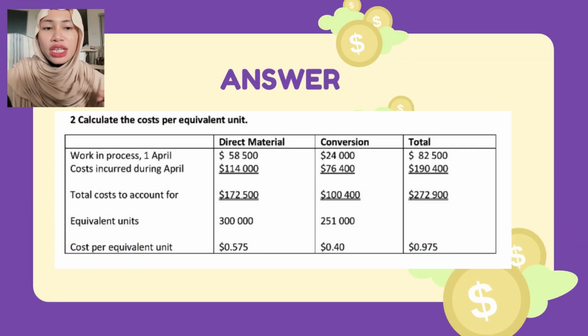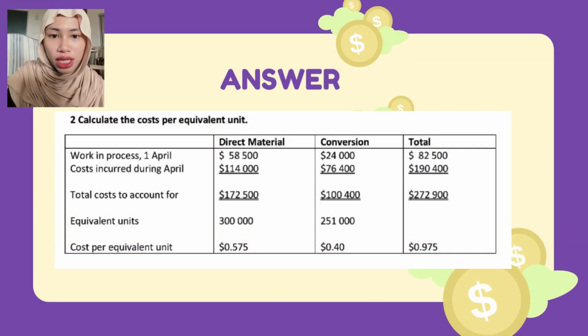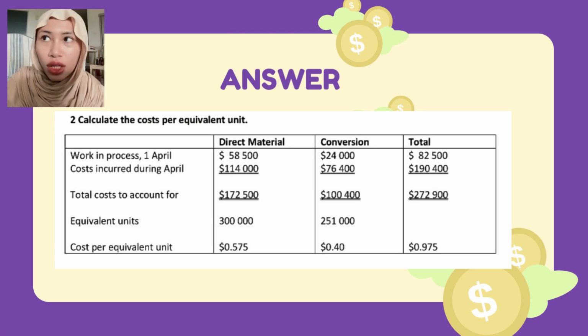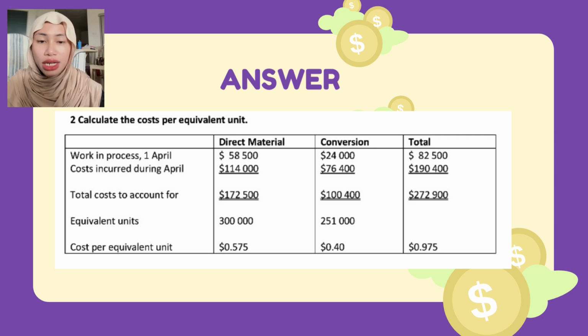Okay, for the second question, calculate the cost per equivalent unit. So how do we find the cost per equivalent unit? First, we need to find the total cost, which is the beginning work in process and the added cost in the period. And then we divide that by the total equivalent units. So we apply that in the question. For the direct material, the total cost to account for is 172,500 divided by equivalent units, which is 300,000.